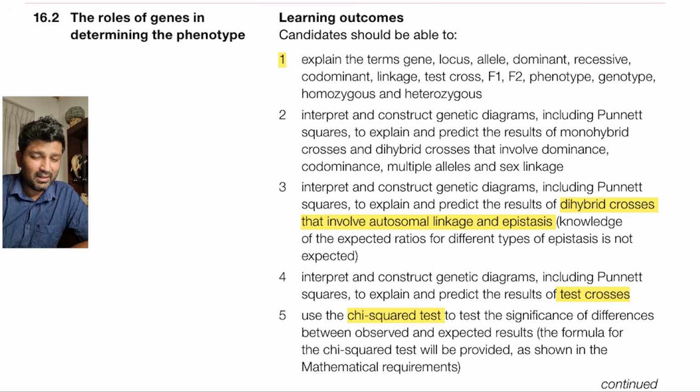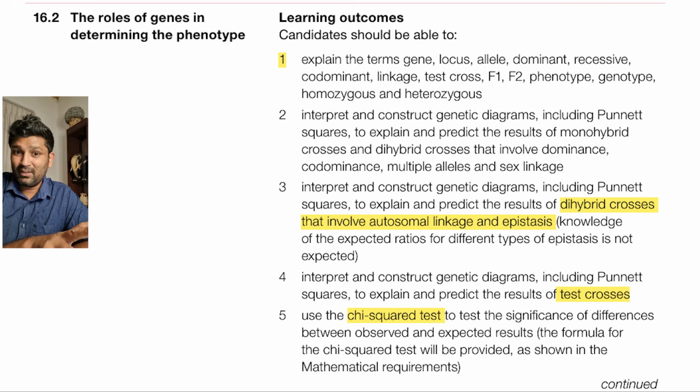Now that is a little bit different from the standard crossing that you do, because in the case of gene linkage, as you might know, the alleles do not separate. So especially when it comes to a dihybrid cross, you see both the alleles going together into the gametes, which means the variation in the gametes will be limited.